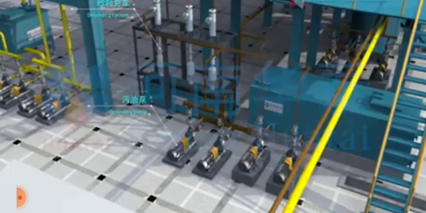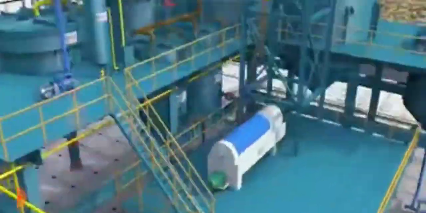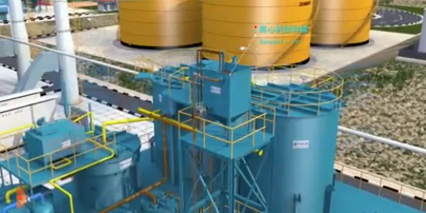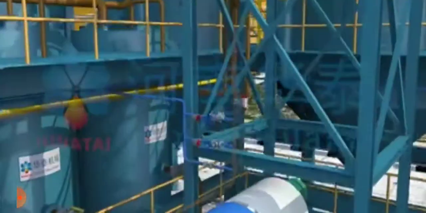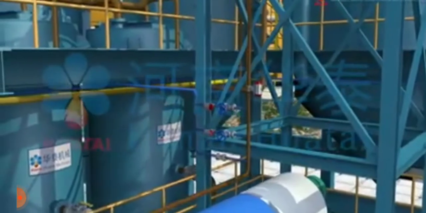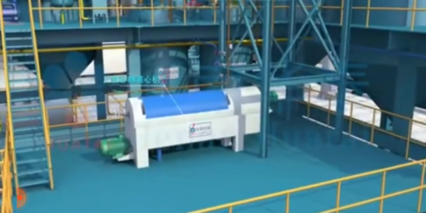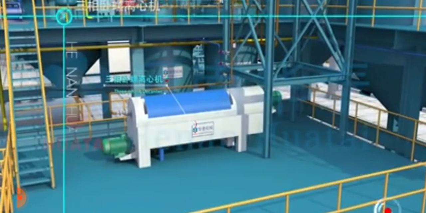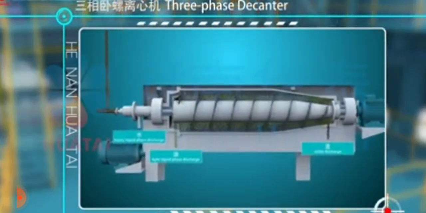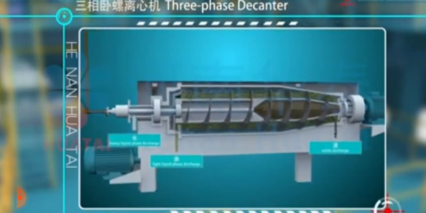Separate hard sand in the dirty oil. Enter the decanter feed tank. After dirty oil and hot water mix, enter the three-phase decanter. Separate dirty oil into oil, water, and residue.